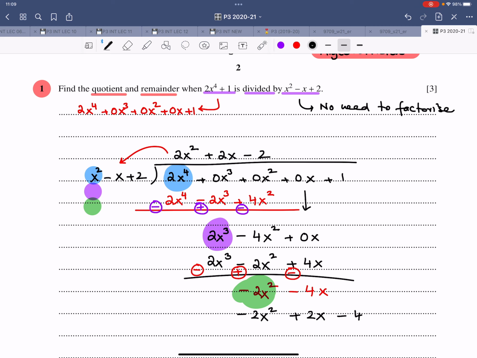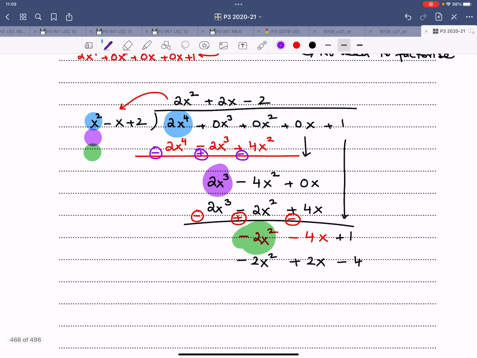And don't forget that you have to take this 1 down also. Now change the sign and add. So this becomes plus, this becomes minus, and this becomes plus. Therefore this is minus 4x minus 2x, negative 6x, and 1 plus 4 is 5.